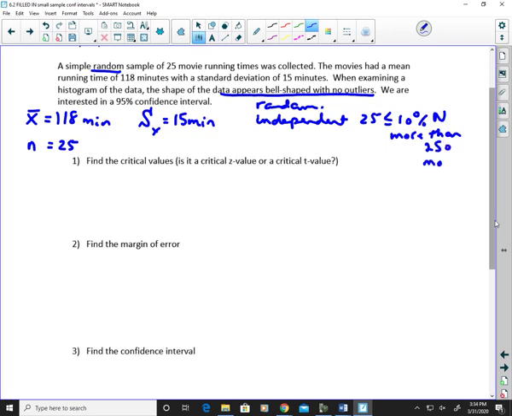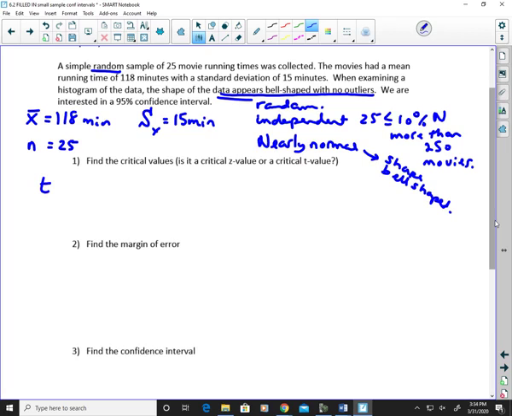Yeah, I've been watching a lot of them on Netflix. Okay, and then is it nearly normal? Yes, that's what the shape was described. Shape is bell-shaped. That's nearly normal enough for a T because they are so robust. So we are going to use a T.